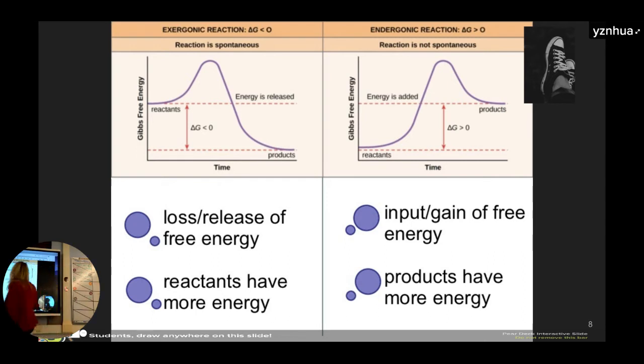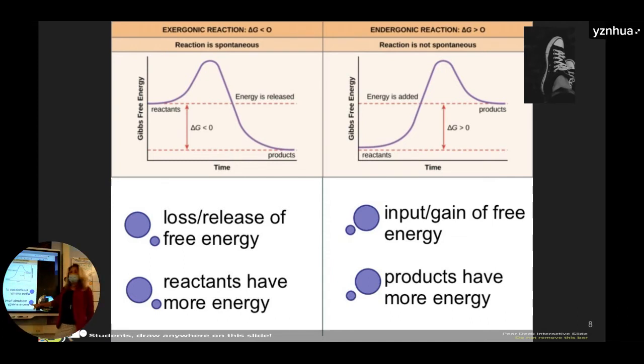Now, what do I know will lower that energy of activation right there? An enzyme, right? An enzyme will make this reaction more likely to occur. Okay, and then I can erase that.